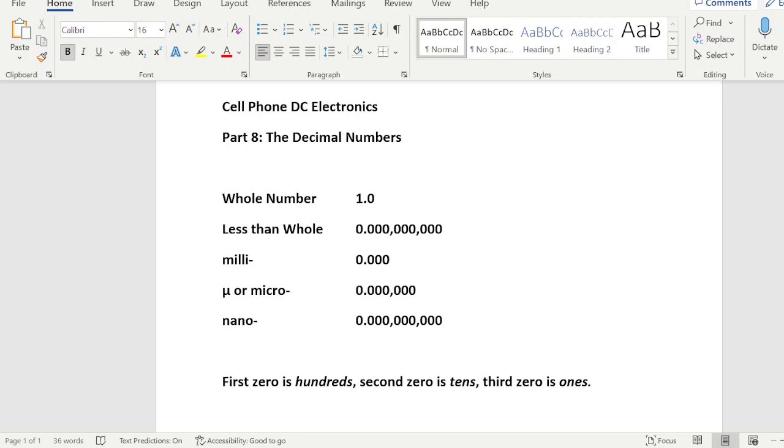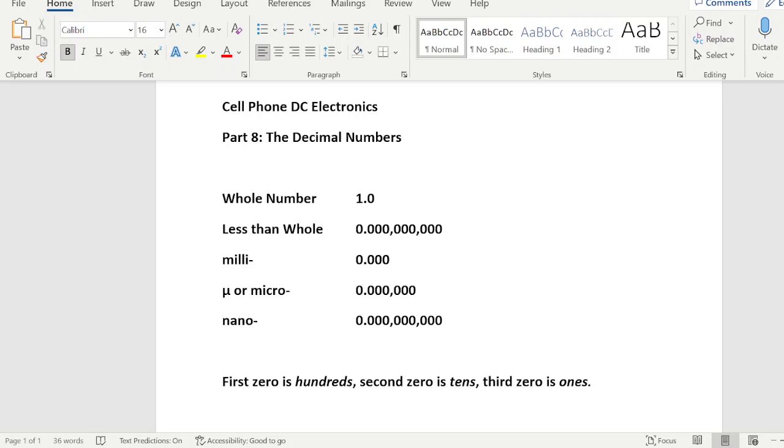Essentially, if you have a whole number, it's usually a whole part of that measurement, of that unit, right? So like for instance, a volt. 1 volt is one whole volt, but there's fractions of a volt.